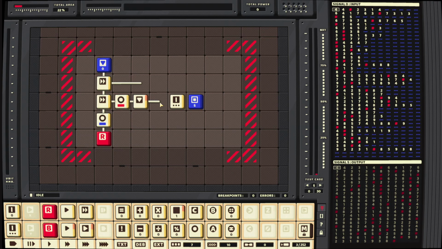Right. So if this detects red, then this will become inactive and we'll go here.